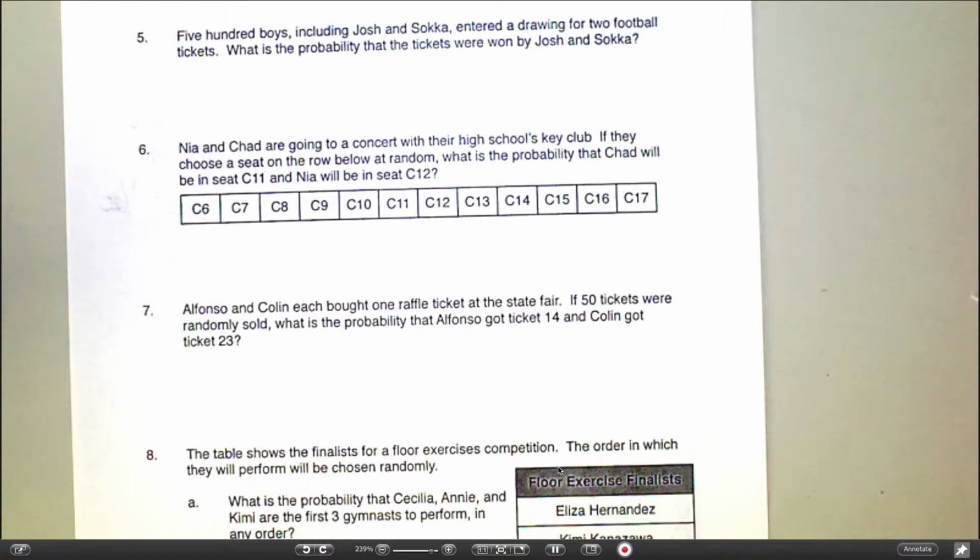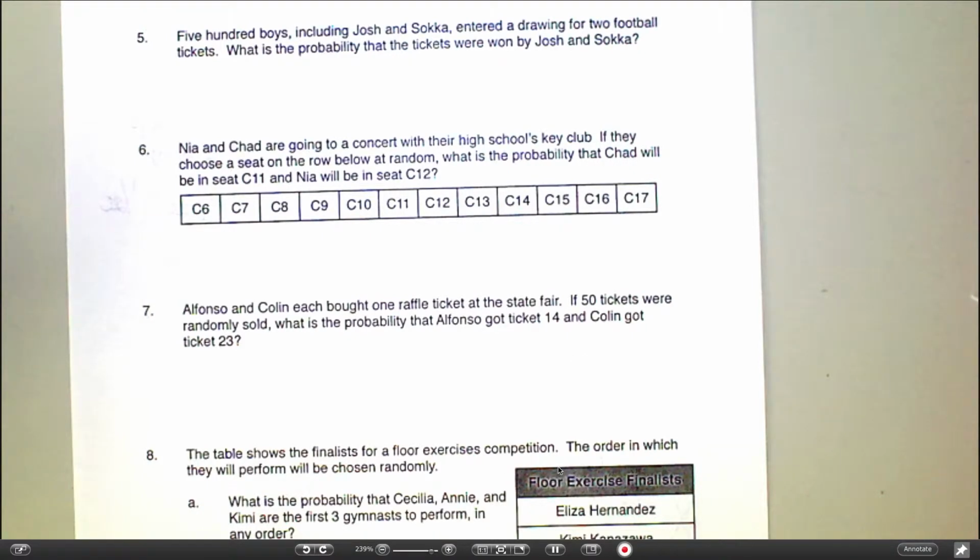Now, if we were giving specific seats, and this person wins this seat and this person wins another seat, then I would say the order matters. But if it's just that I want to pull those 2 names out of the hat, it doesn't matter whether I pull them out this way or this way.